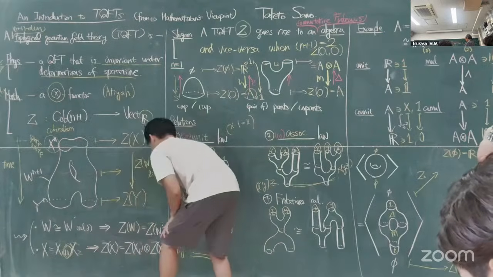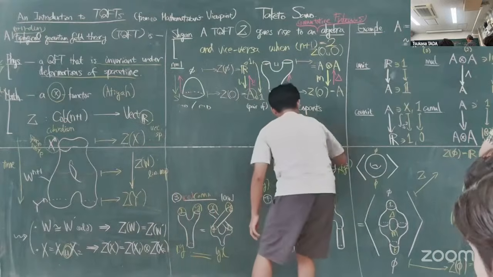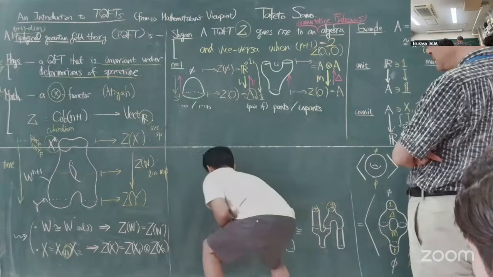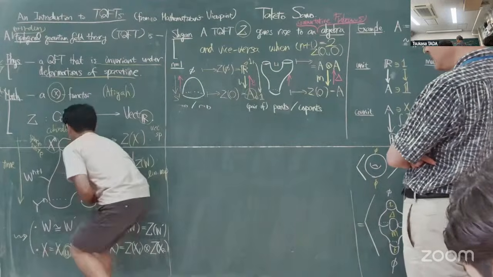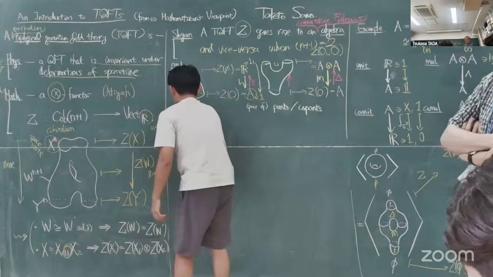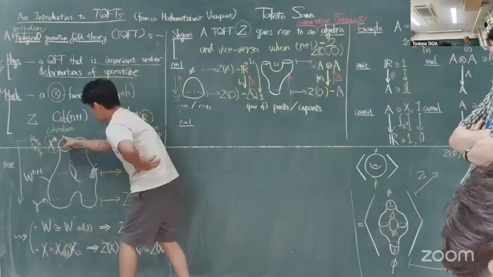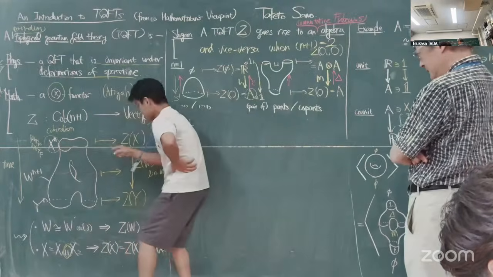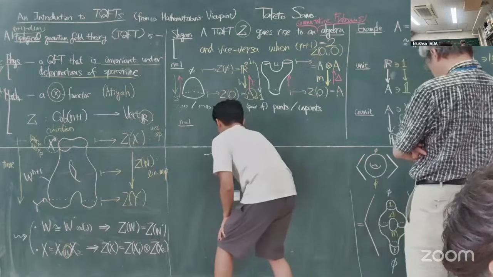But more generally, we can think of an extended version. In the case of n equals 1, which is n plus 1 equals 2, here we just consider this closed string. So we can think of this as a string, but if we consider open strings as well, we have something like this.